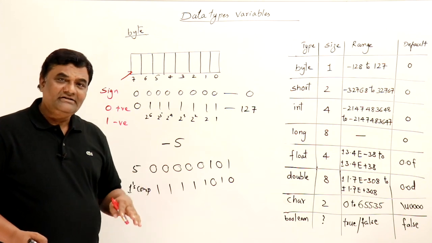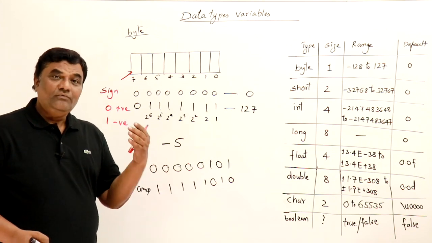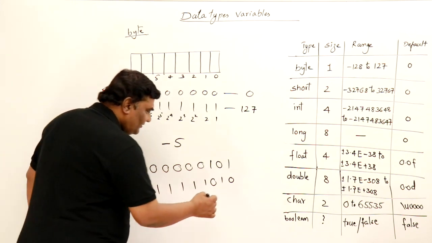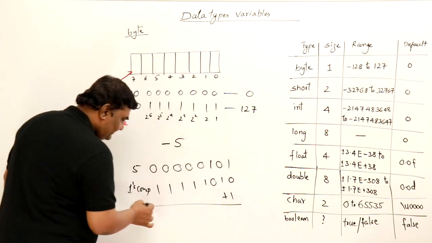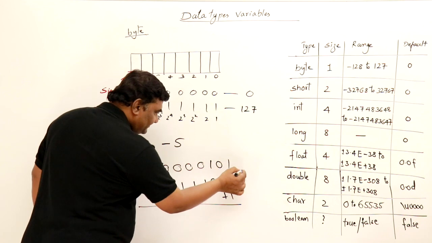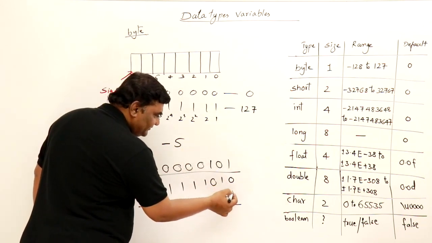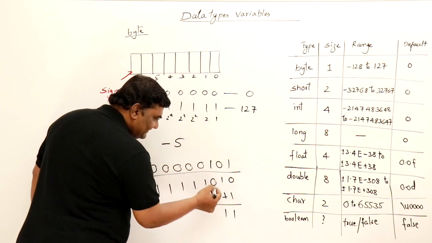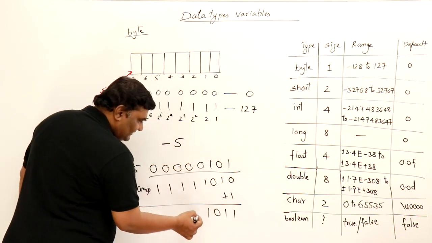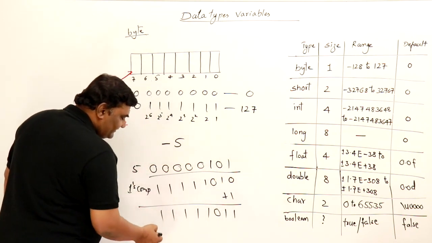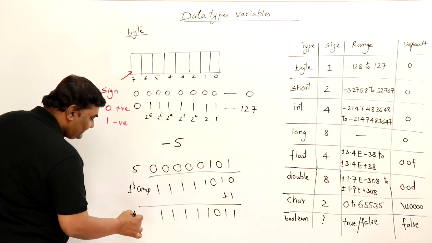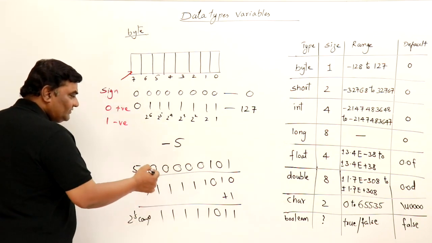Just complementing the bits makes it a ones complement. Then in this one's complement, 1 is added. Forget about the other bits, only to this last one, 1 is added. So 0 plus 1 is 1 and this 1 is as it is. Then the remaining are all as they are. So this is 2's complement.